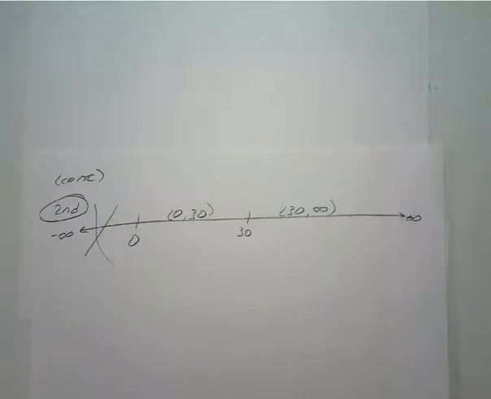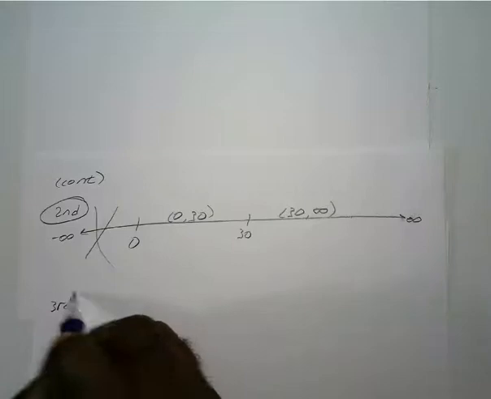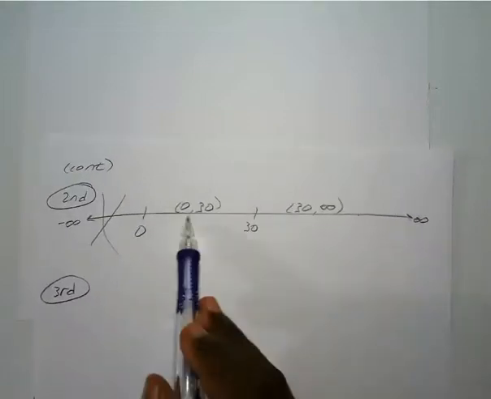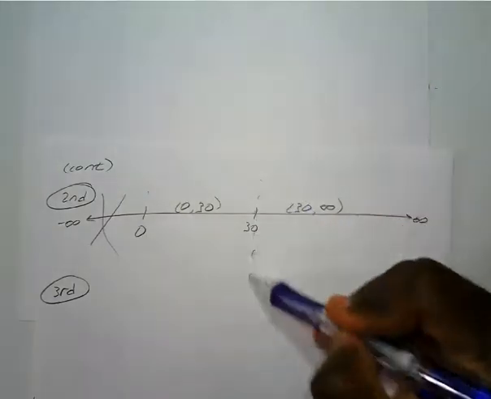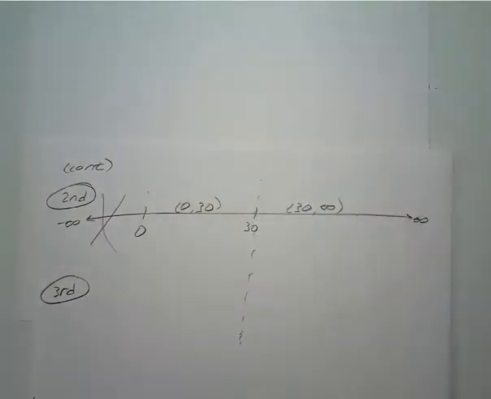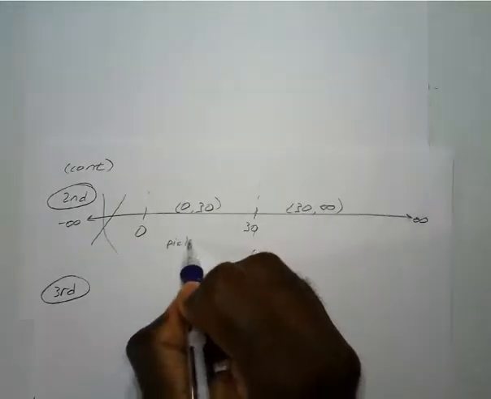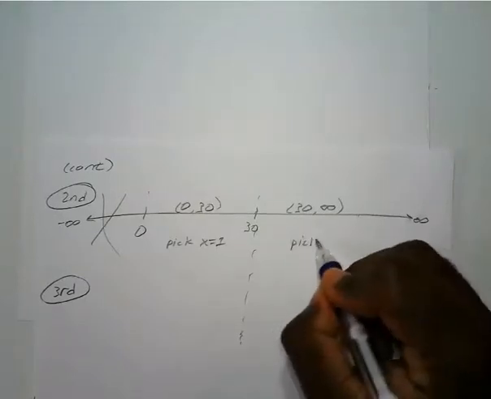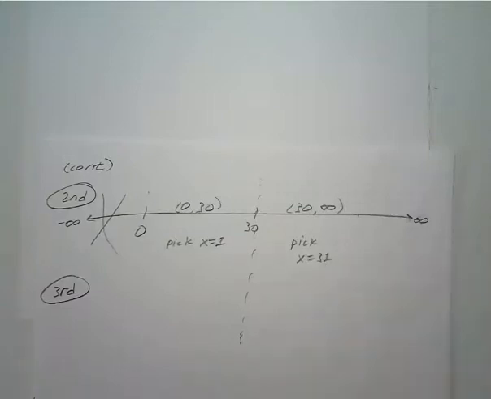All right. So now we go ahead and go to our third step, which is picking a random value. So really go ahead and draw our little dotted line there. So between 0 and 30, we can pick x equals 1. Between 30 and infinity, we can pick x equals 31.